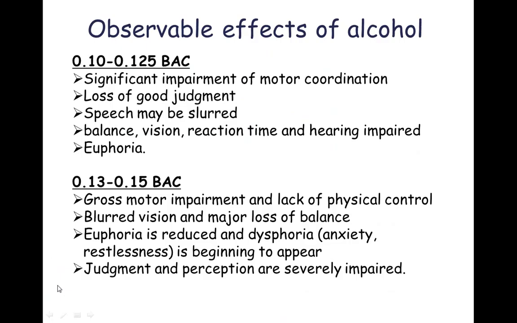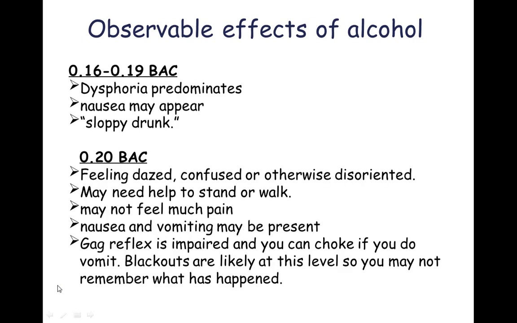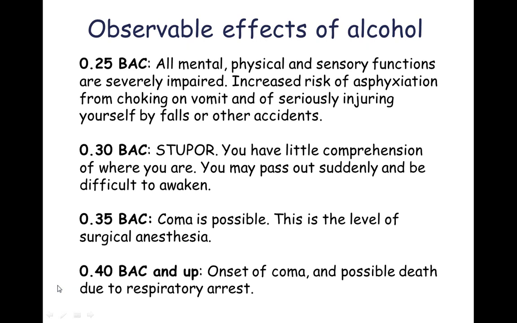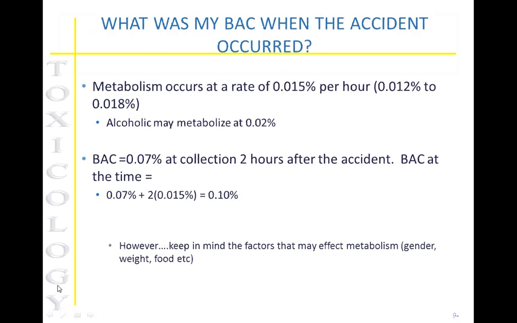There are well-documented levels of the observable effects of alcohol on an individual. So at times they may be asked to determine what a blood alcohol level was when an accident actually occurred.